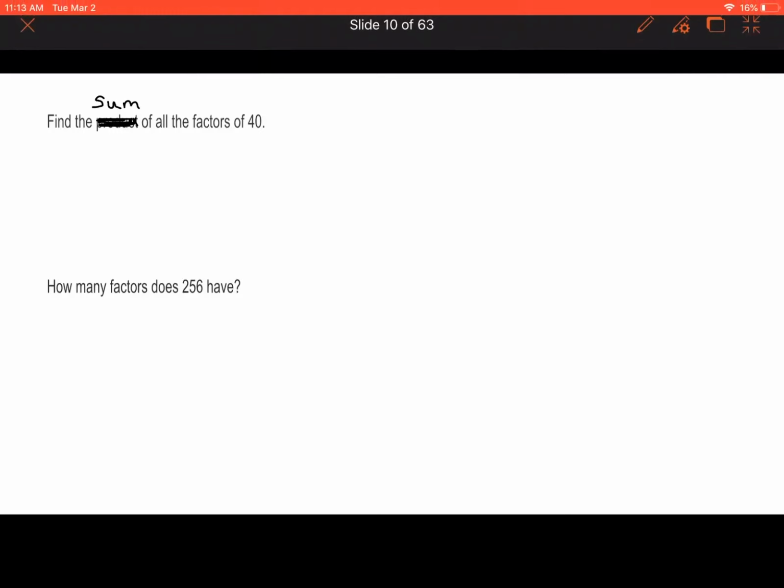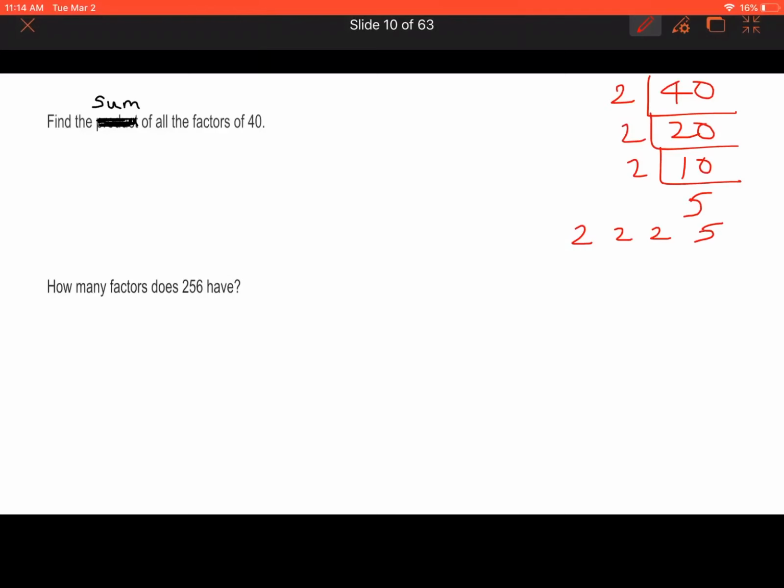Find all the factors of 40. This time I'm just going to go with the ladder method. You can also follow the other methods, it will give the same answer. So 40, 2 times, it is going to be 20, 2 times 10, 2 times 5, right? So the answer is going to be 2, 2, 2 and 5.